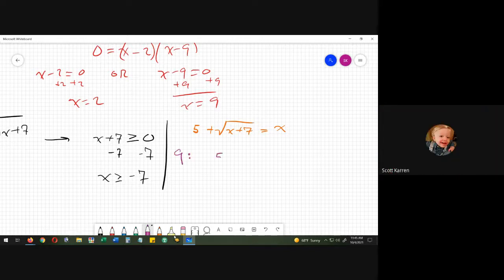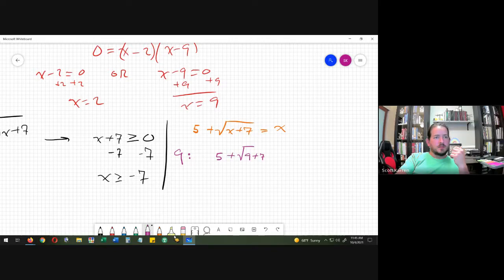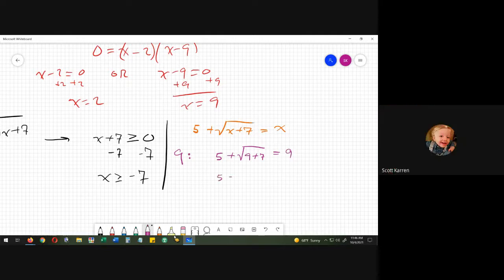If I check 9, that's 5 plus the square root of 9 plus 7 is equal to 9. Well, that's 5 plus the square root of 16 is equal to 9. The square root of 16 is 4. So I have 5 plus 4 equals 9, which is true. That one checks out.